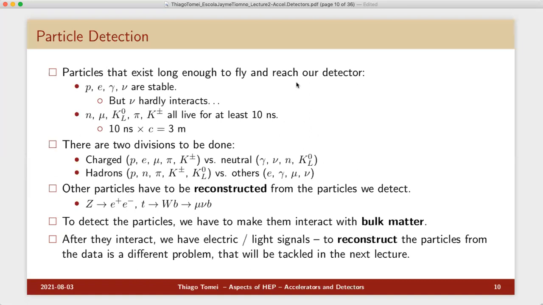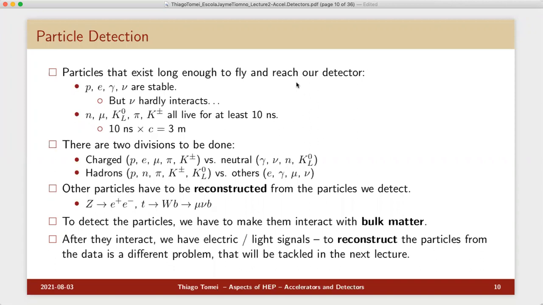Suppose we accelerate the protons to high energy and we collide them. Fine, what happens then? Many particles come out. Which particles come out depends on chance.